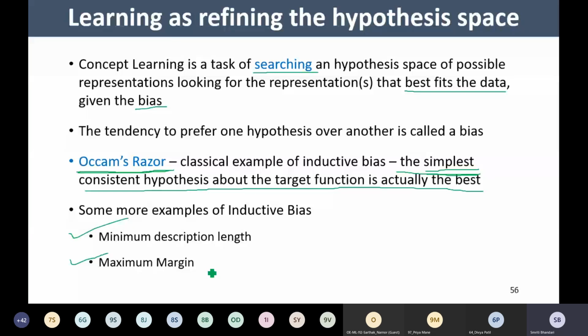Right now this is just for your information that there are certain guidelines to pick the best hypothesis. Please remember, it is not always the case that the hypothesis is a very complex function. Sometimes we come up with a very simple consistent hypothesis, and that suits our data very well.